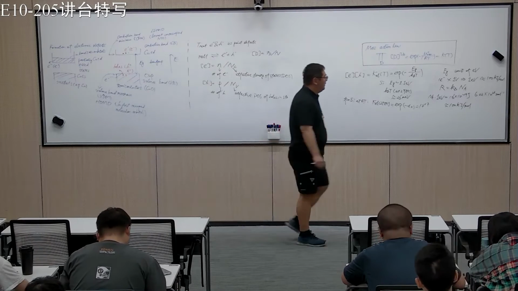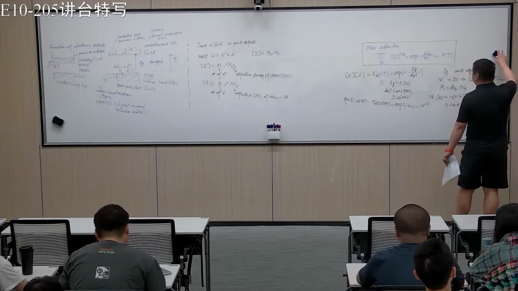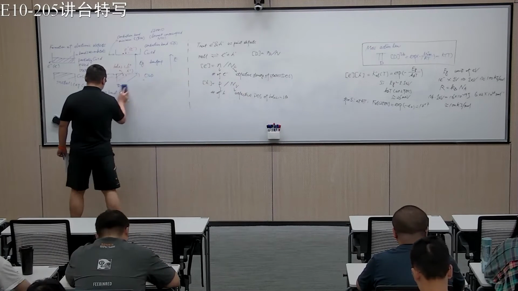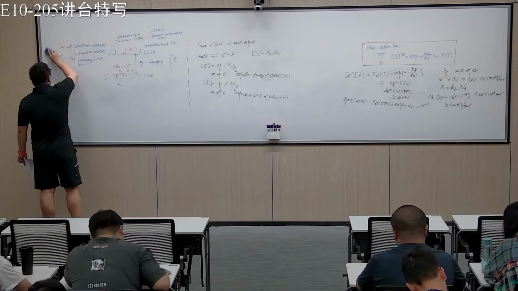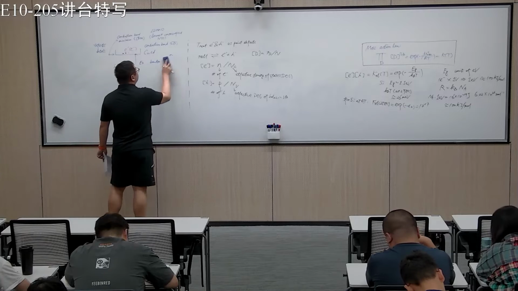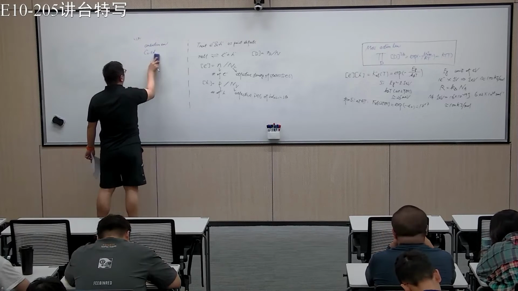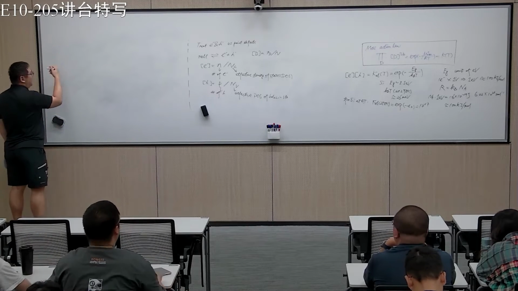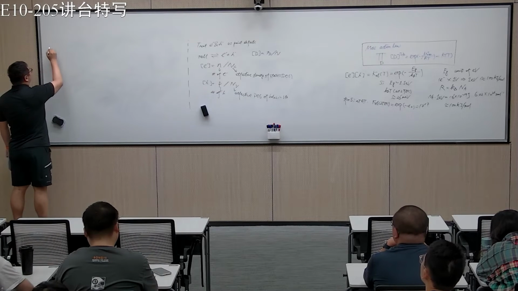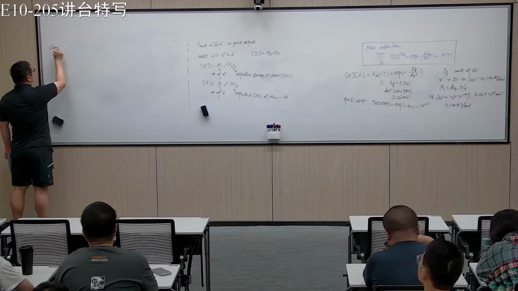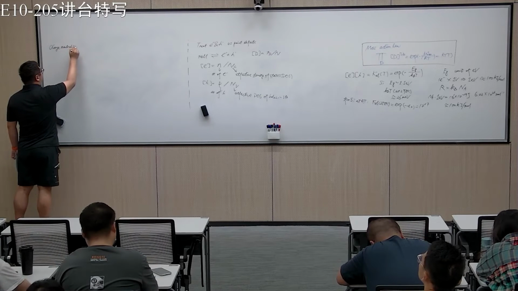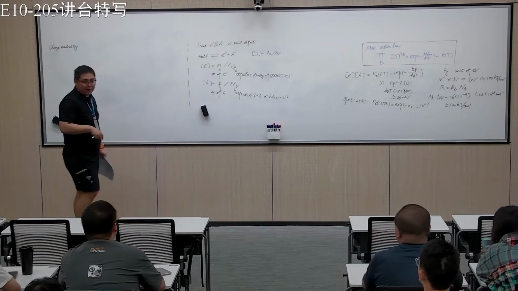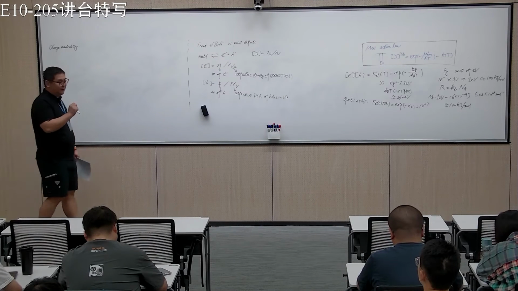Anyway, if we have charge neutrality, so we do not have any dopant, we only have electrons and holes, they basically move some electrons from the conduction band to the valence band.